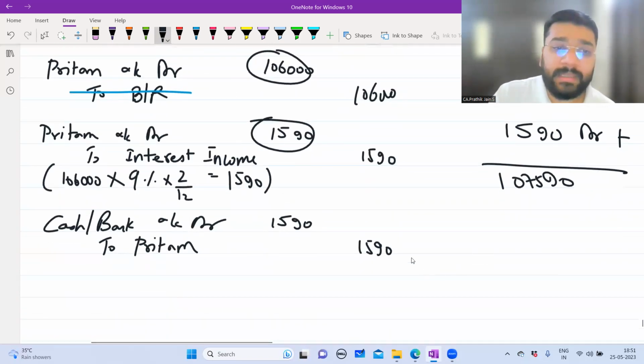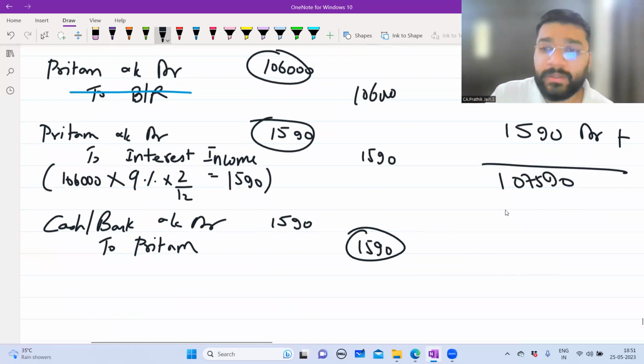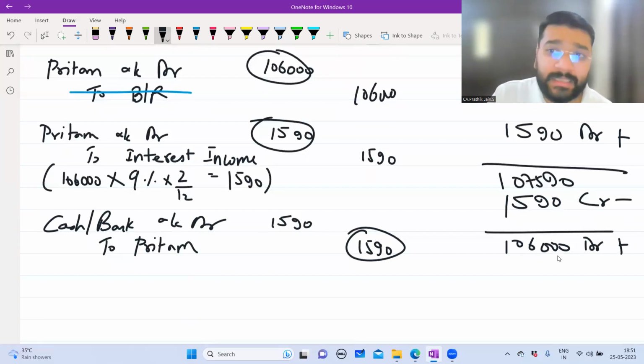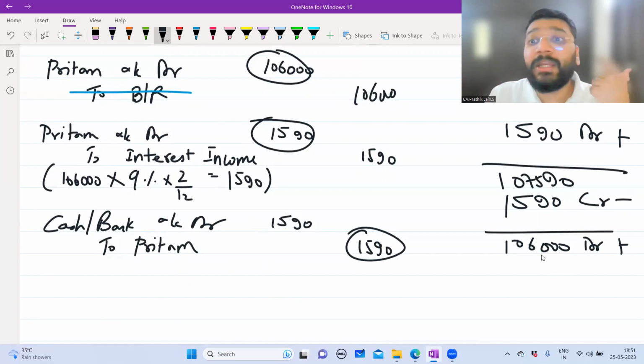Then Preetham account was credited 1,590 on receipt. So the original balance, the money receivable from Preetham so far, is 1,06,000, for which you are creating a new bill.